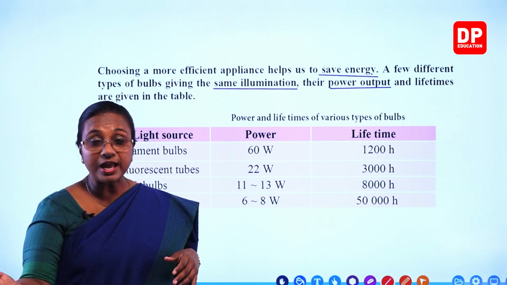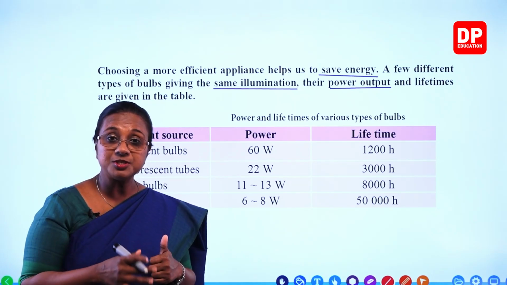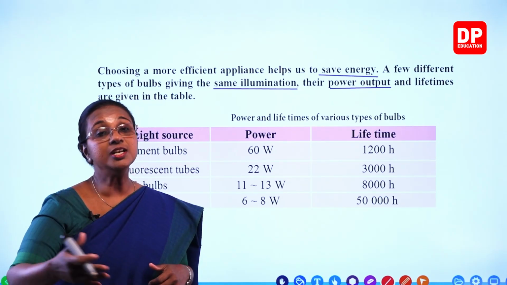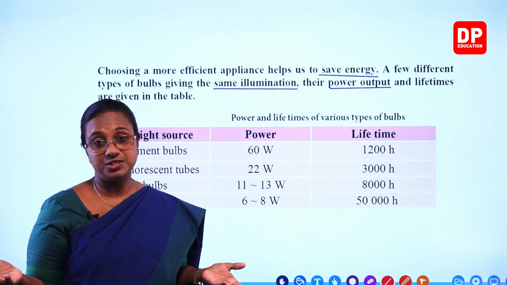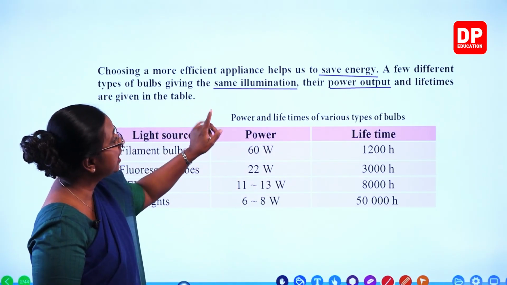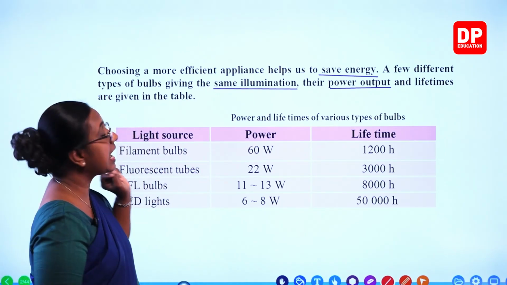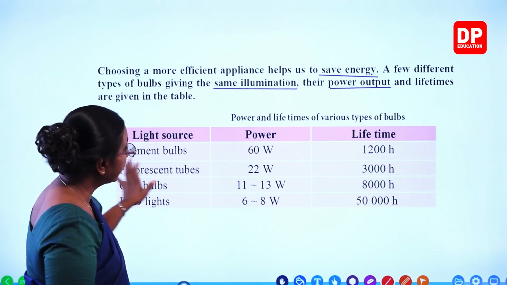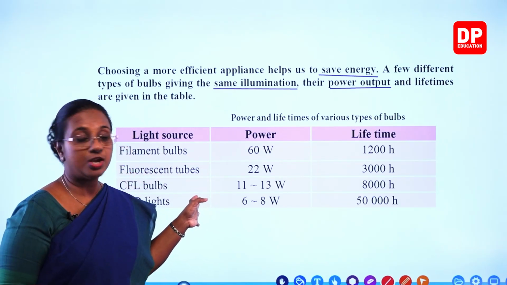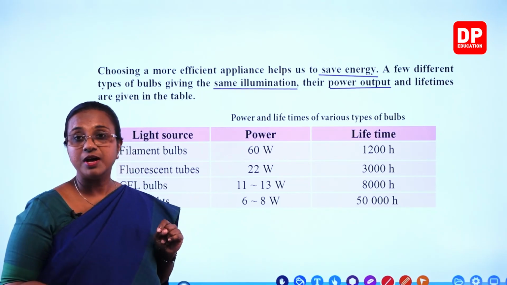The longer you can use, it becomes more efficient. The less power consumption for the same illumination, it would be more efficient. So that is why we need to consider all these. Same illumination, but we need to consider the power output and the lifetime. So we'll look at this table given in your textbook. Power and lifetimes of various types of bulbs.